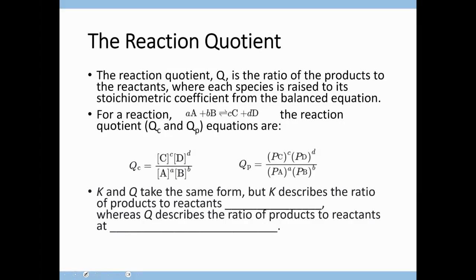So Q and K, they take on the same form. We have the same equation, fraction looks exactly the same, but K describes the ratio of products to reactants at equilibrium. So the system is at equilibrium, and that is what K is describing.